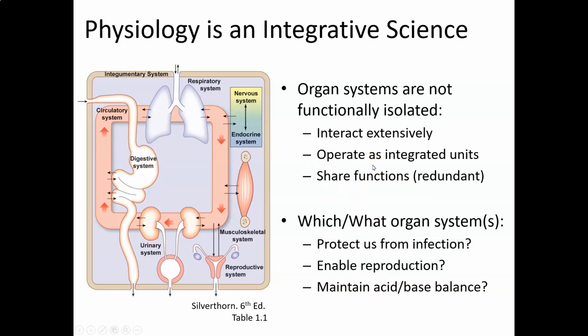We'll see an example of that with the way we're going to define the organ systems themselves in a little while. So as an example, what organ system or systems protect us from infection? You might have learned this in anatomy. You probably didn't, because it's a functional system. But oftentimes in physiology, we'll say the system that keeps us free from infection is the immune system.